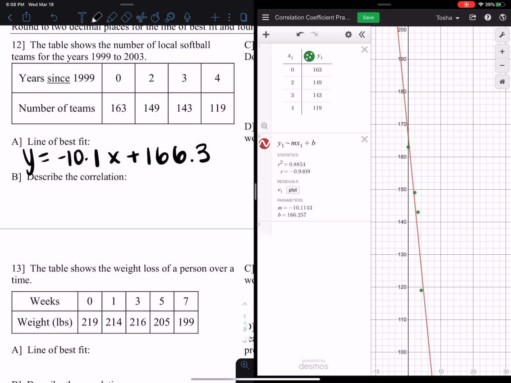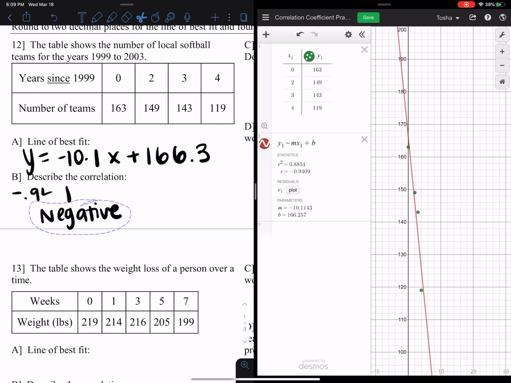Okay, the next part says describe the correlation. So the correlation we know is negative 0.94. And if you just saw that correlation coefficient, you should automatically know that this is a negative correlation.